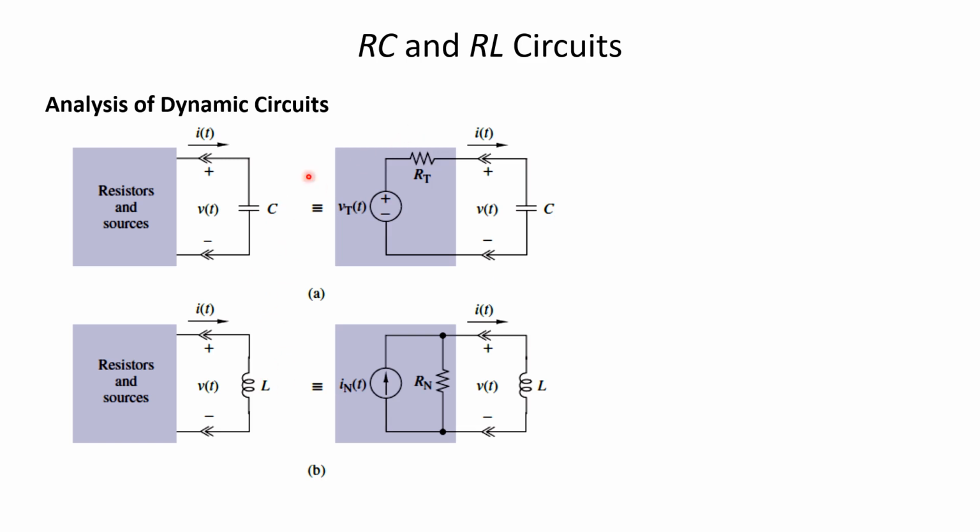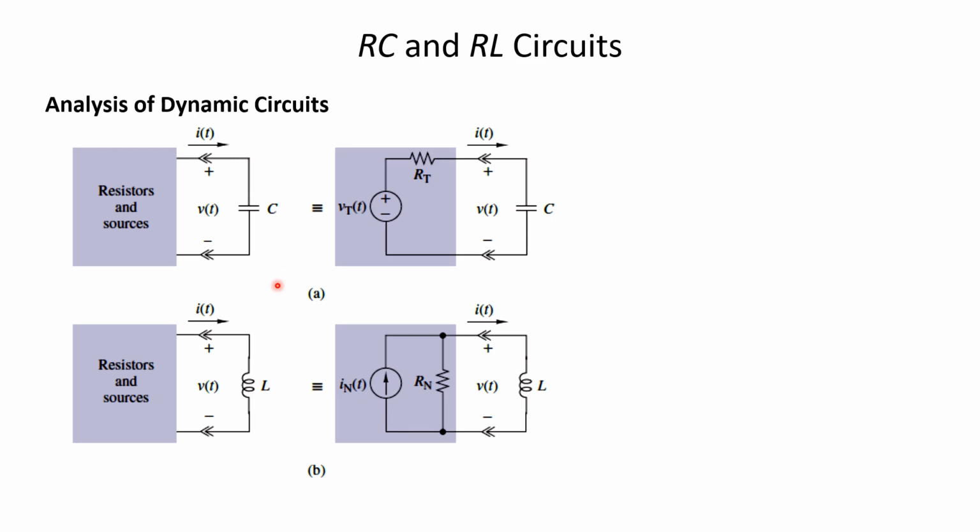If we have only one energy storing element, whether it is a capacitor or an inductor, it is a first order circuit. If we have two energy storing elements, meaning two capacitors or two inductors or one capacitor and one inductor, then it is a second order circuit, and so on and so forth.